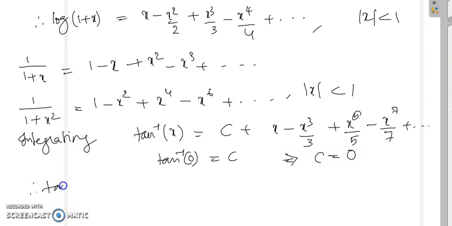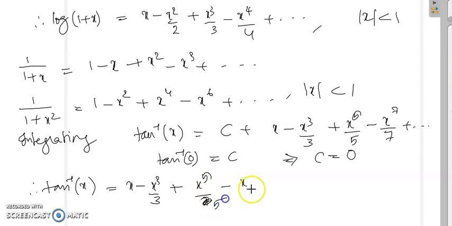Therefore, tan inverse of x will be equal to x minus x cubed by 3 plus x raised to 5 by 5 minus x raised to 7 by 7 plus etc. That is again valid when mod x is less than 1. So that is the required result.